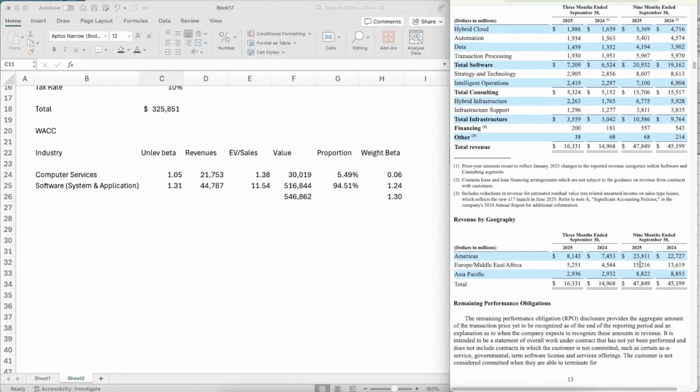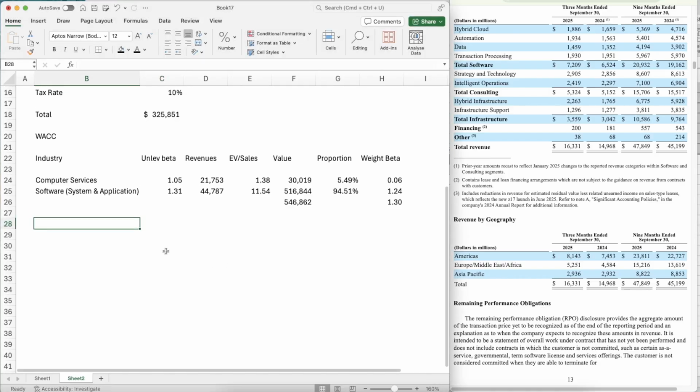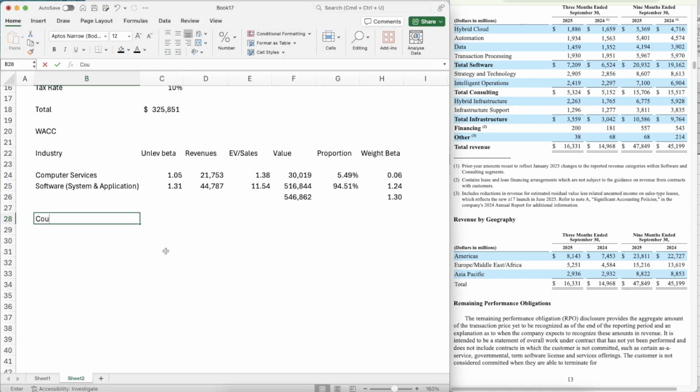Okay, so if we take these, we want country or region, revenues, ERP, weight, and then weighted ERP. I think that's what we want.